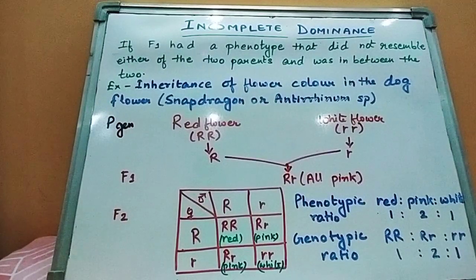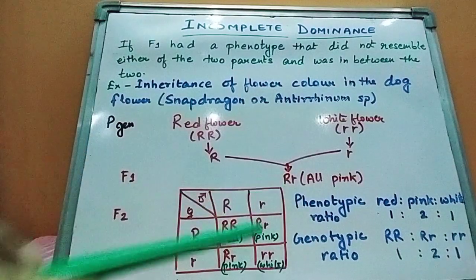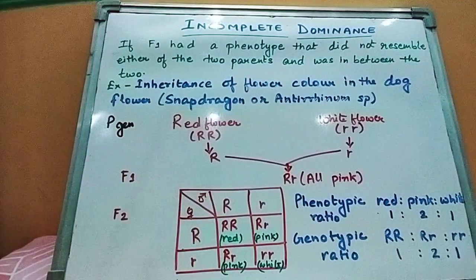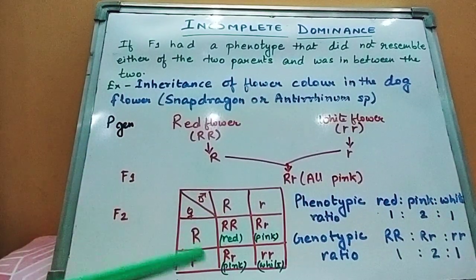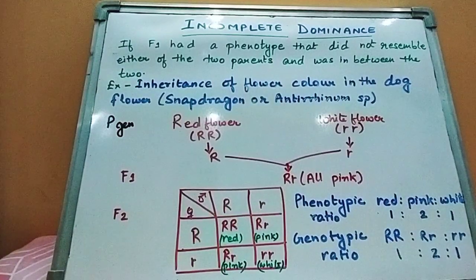Please see the Punnett square here, how the cross was done and what offspring were produced. What we got in F2 was one red flower, that is the completely dominating one, two pink, and the last one white.